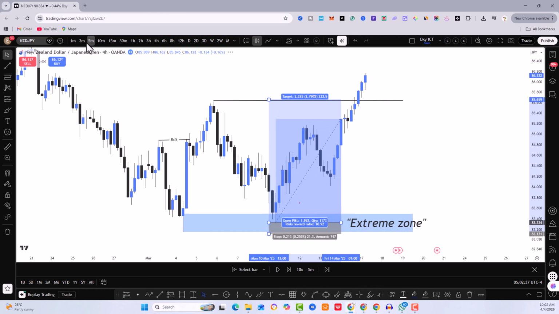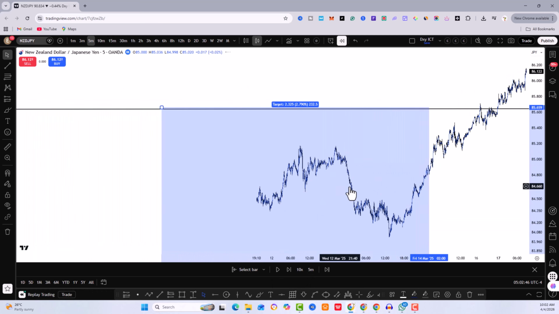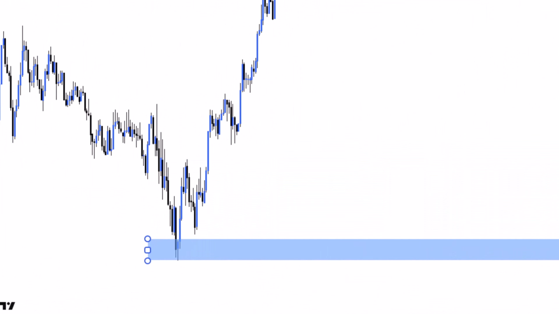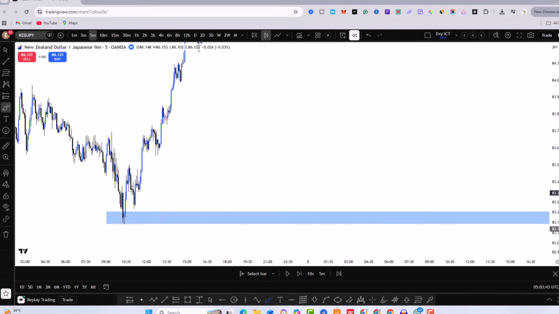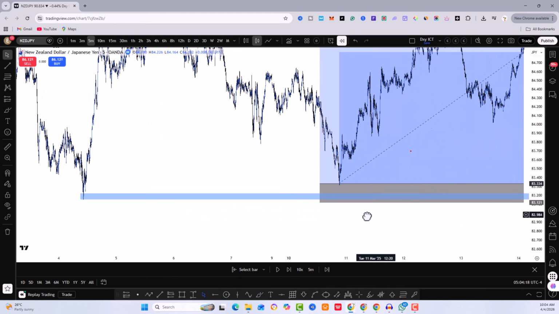Problem is, if we zoom in on the 5-minute and dig into this larger demand zone, we're actually going to find these zones way down here at the low. So you might look at this demand zone and think, okay, this looks solid. There's still some imbalance into this, so maybe I place my entry here, and my risk-reward looks absolutely massive.